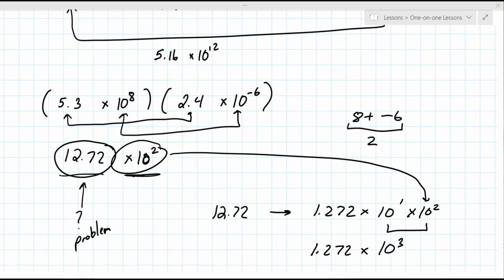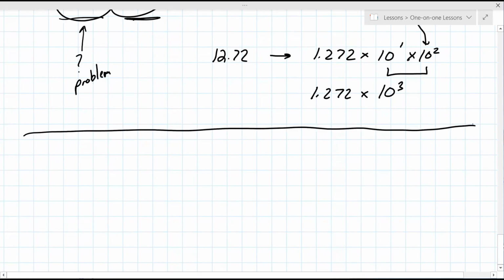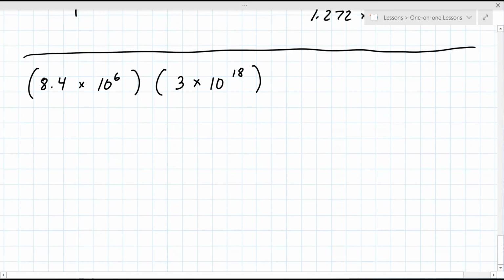Did you follow how I did that? Yeah. Okay, that's a pretty common test question, so we'll do another one. 8.4 times 10 to the 6th times 3 times 10 to the 18th. Okay, I want you to try and do this example on your own, please.